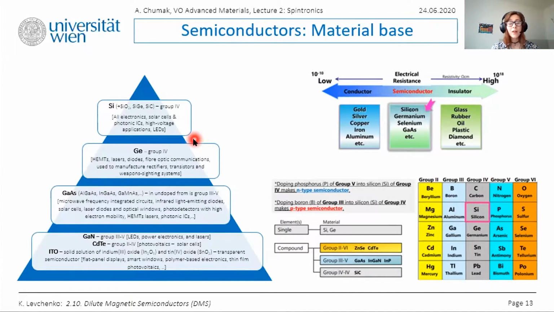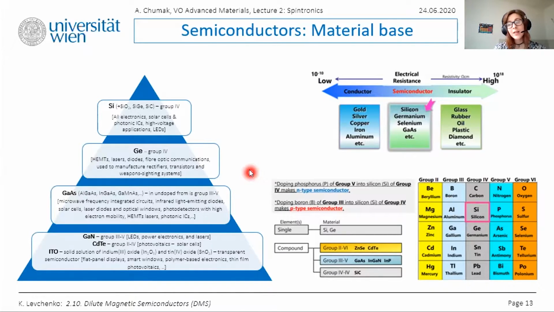The germanium, from which actually the first transistor was made in 1957 in Bell's lab, is closely following, specifically, as it was mentioned, in the form of a compound together with silicon in electronic devices. But it's also used to manufacture rectifiers and transistor weapons sighting systems.